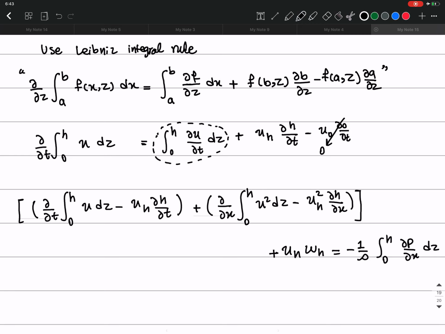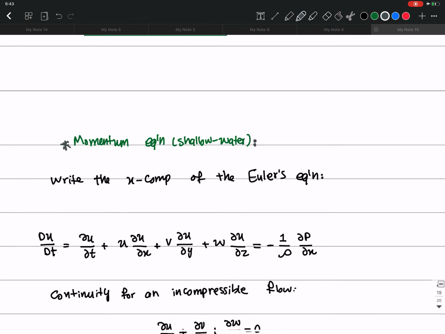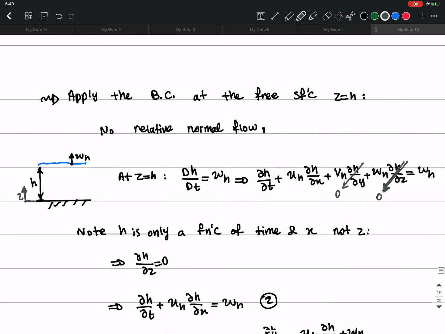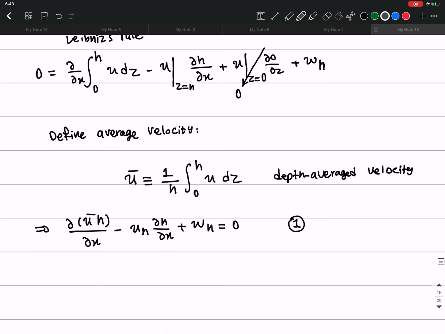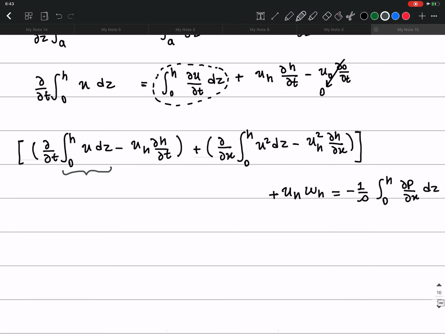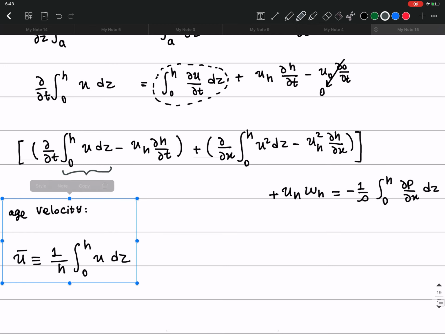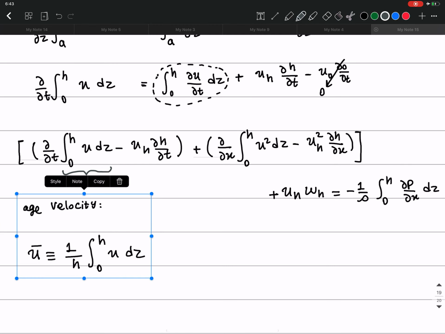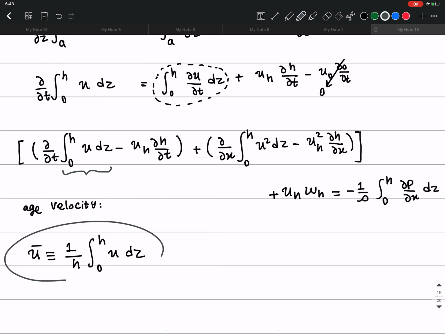So what is this? Do you remember this? We defined it here. We made a definition. Let's look at it. This is just average velocity, right? Just compare these two. So it's just average velocity times h.